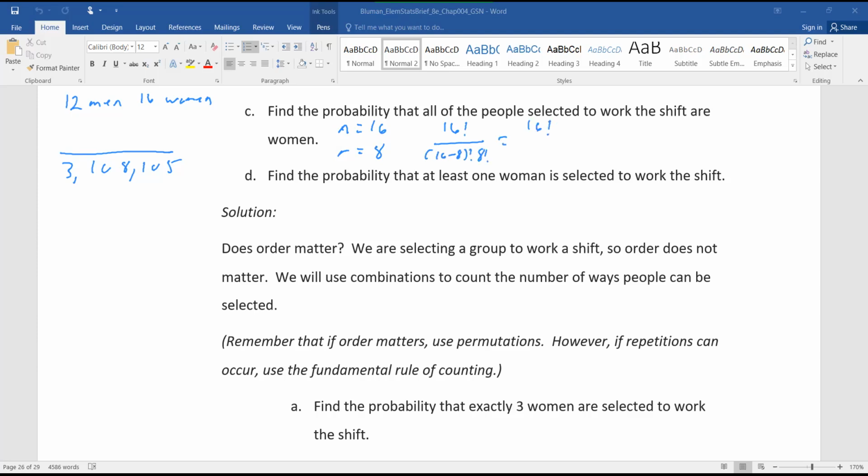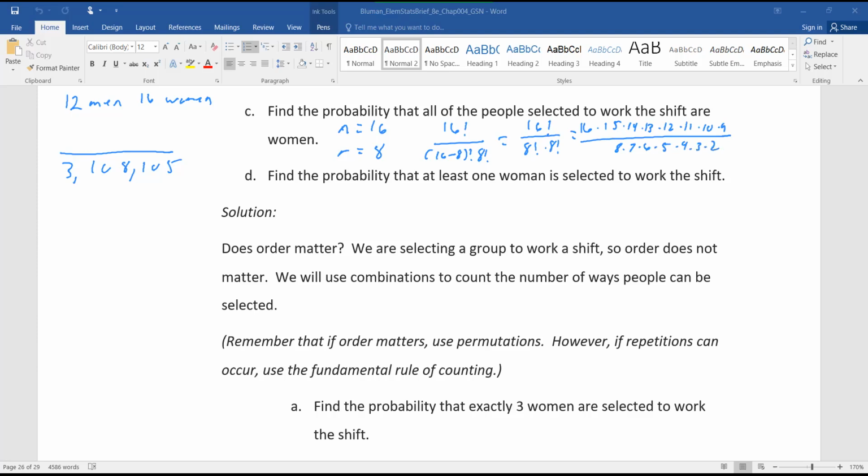Again, if you skip some of these steps, totally okay with that. 8 factorial times 8 factorial. So this will now leave me with 16, 15, 14, 13, 12, 11, 10, 9, all divided by 8 times 7 times 6 times 5 times 4 times 3 times 2.